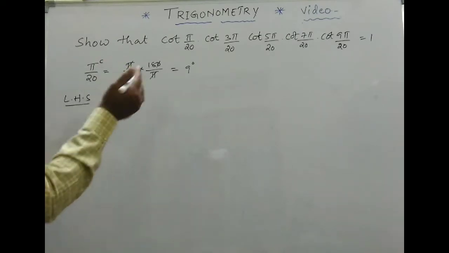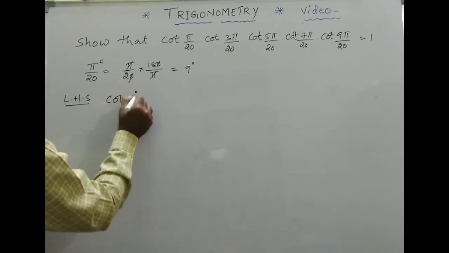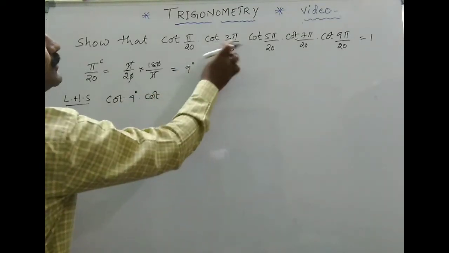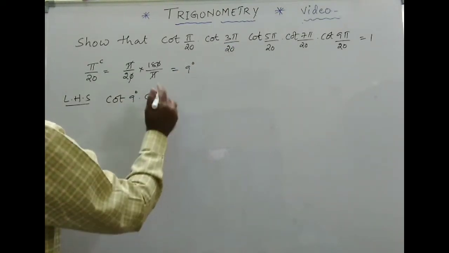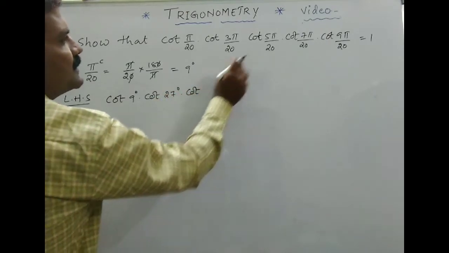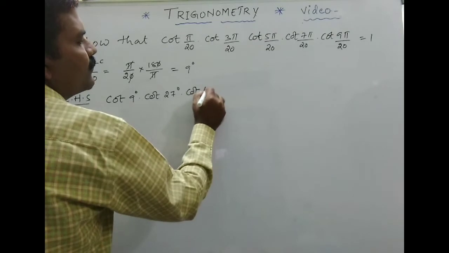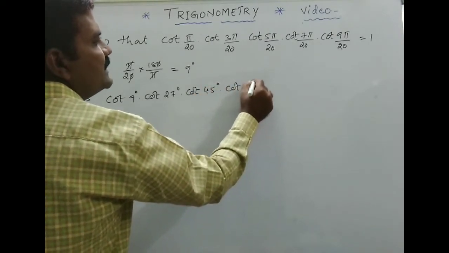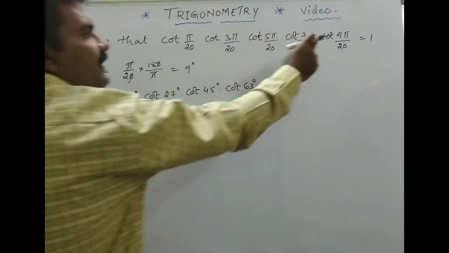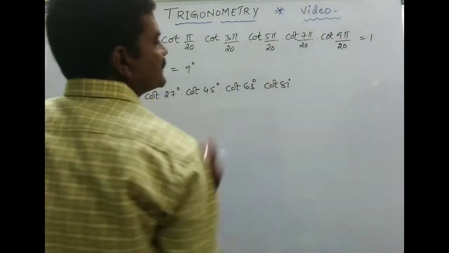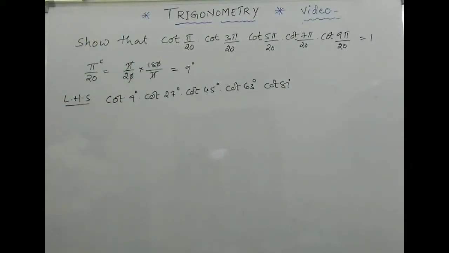So now coming to the question: tan 9 degrees, cot 3 into 9 degrees, that is 27 degrees. Similarly 5 into 9, 45 degrees. Cot 63 degrees, 7 nines, and finally 9 nines, cot 81 degrees, right?